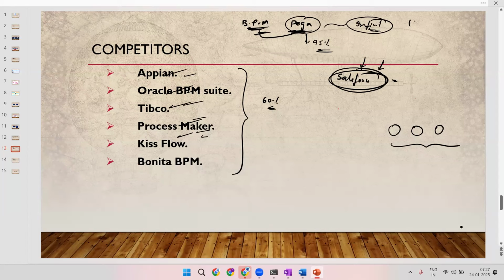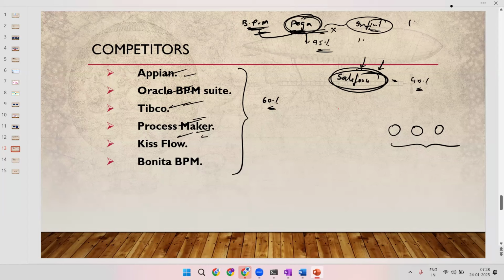They have to write a minimum of 40% of the coding manually. Now Pega is one tool. Check with any of your friends who is working on Pega. Ask them whether they write any coding. No one will say that they are writing coding.